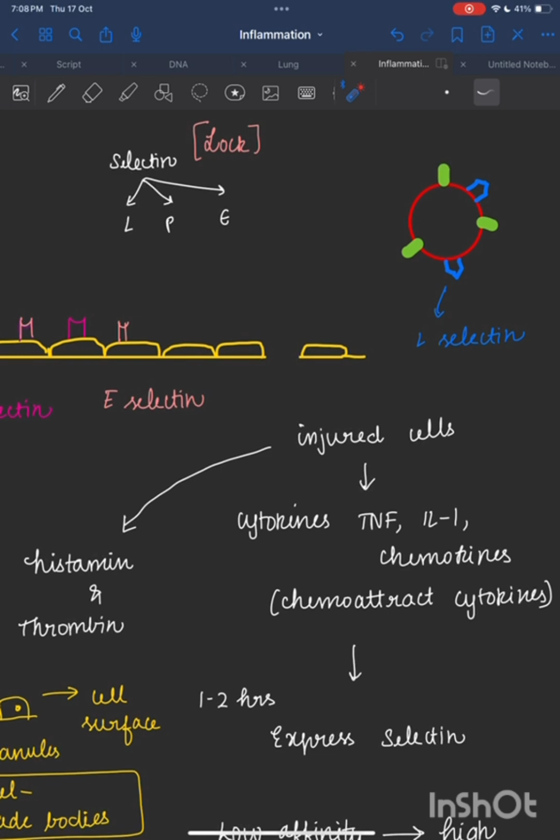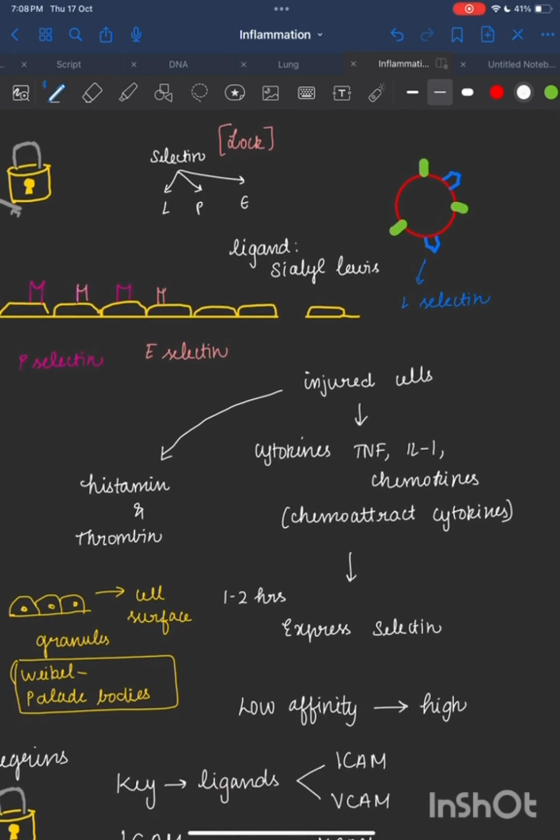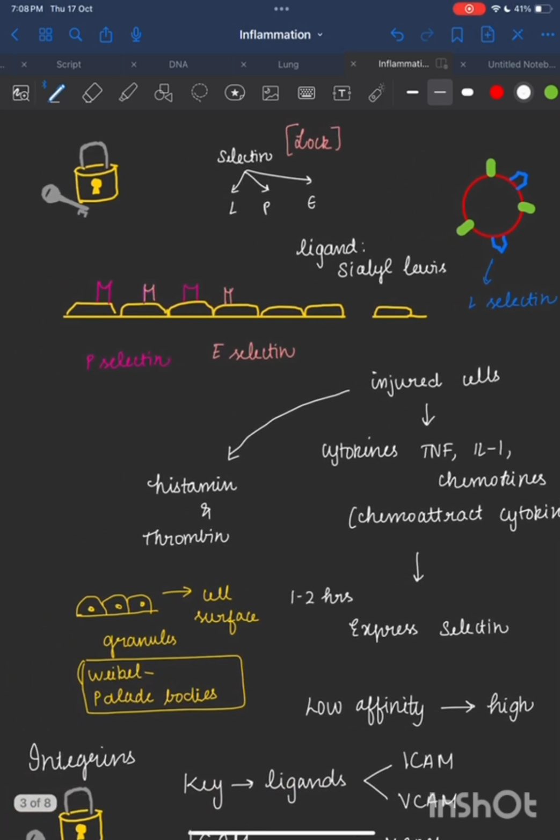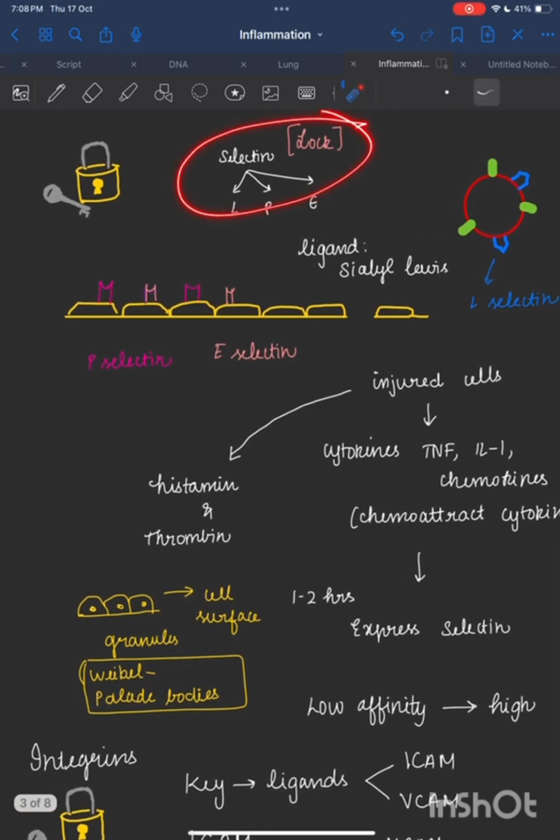And for this there is a common ligand called Sialyl-Lewis X. This is the ligand to which it gets attached.